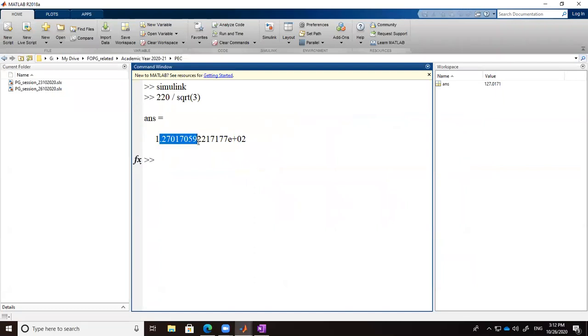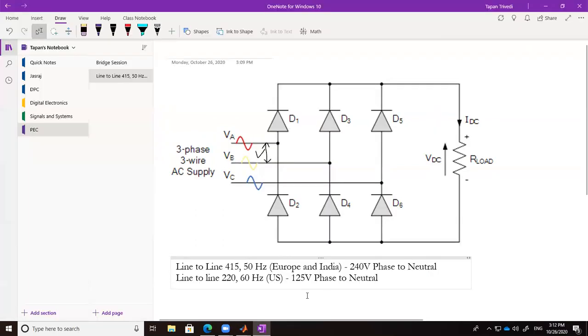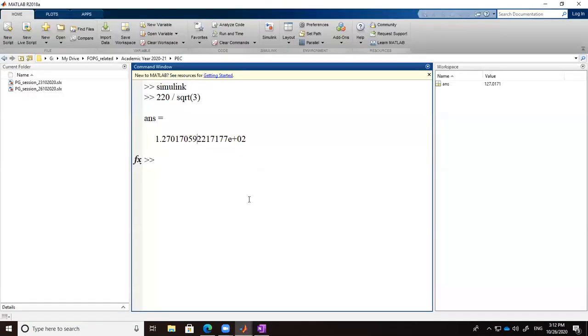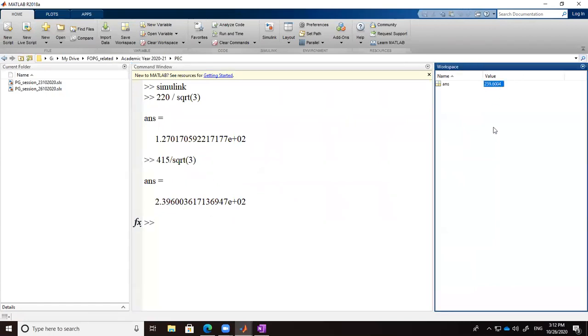So it's going to be 127 volt. So I will write 127 or 125, right? Similarly, in India, 415 divided by square root of 3. So that's why it is 240. Okay, 239.6 means 240. Here you can see the value, right?